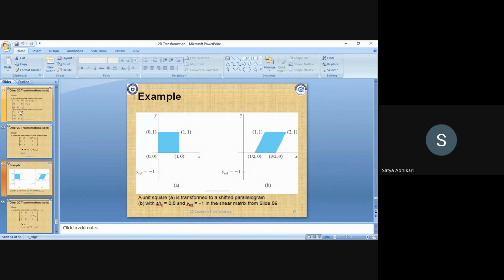You see here, this is a rectangle, and after shearing, we will get a parallelogram, a square changed to a parallelogram having a y reference equal to minus 1. We have taken s equal to 0.5, that is 1 becomes half, so that it is reflected there.